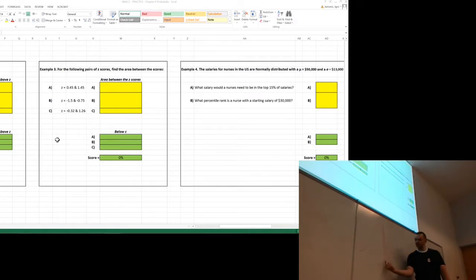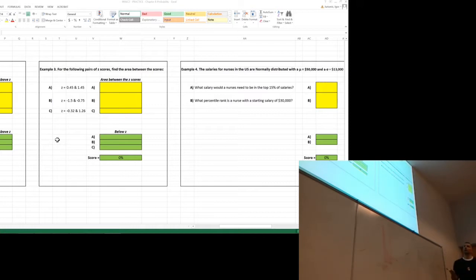We want what's above 0.45 without what's above 1.45. So if we look at the tail above 0.45, and the tail above 1.45, we can then take this number and subtract from it this number. And the area that's left over is the area that we wanted.